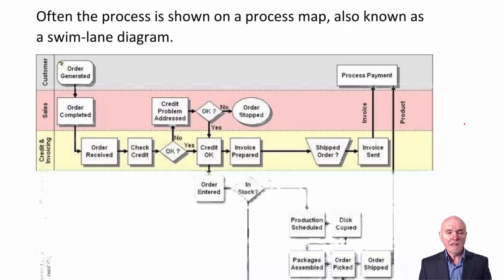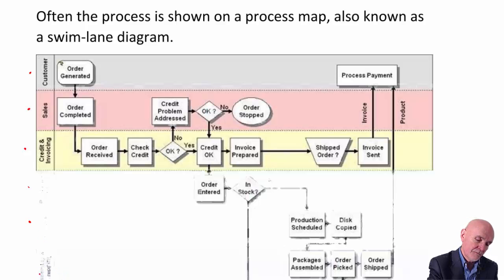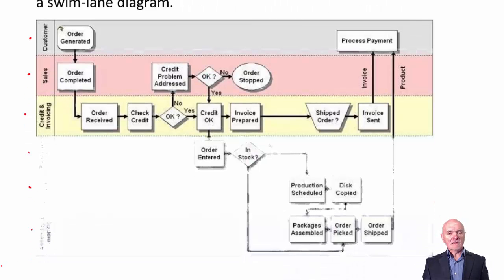And each of the lanes is really a different person or different department. So we have customers, sales, credit and invoicing, production control, copying, feasibility and shipping, and so on here. And the idea is this shows how, in this case, a sales order is going to be processed.